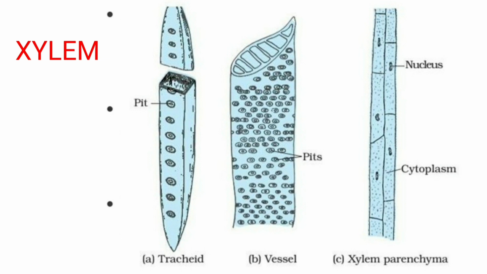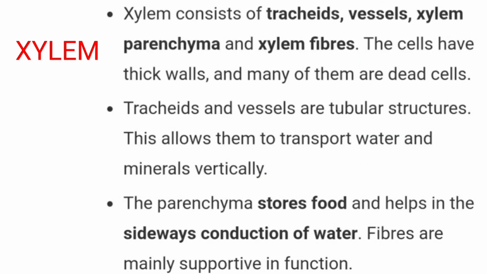They also help in conduction of water. Xylem parenchyma cells are living cells. It stores food and helps in the sideways conduction of water. Xylem fibers are elongated dead cells with tapering ends and thick cell walls.